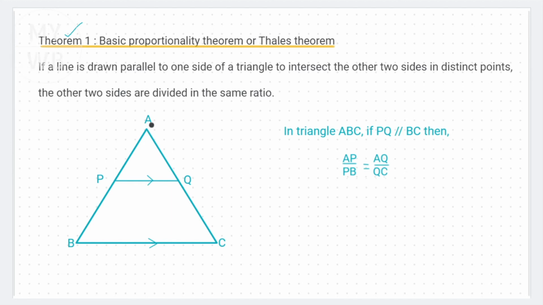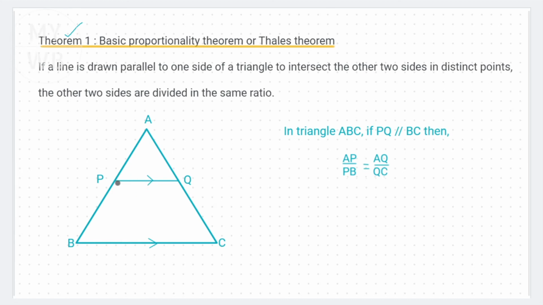So we have a triangle ABC. BC is the base of the triangle. A line PQ is drawn parallel to BC. PQ is parallel to BC. Now, as per the theorem, this line divides the other two sides AB and AC in the same ratio.